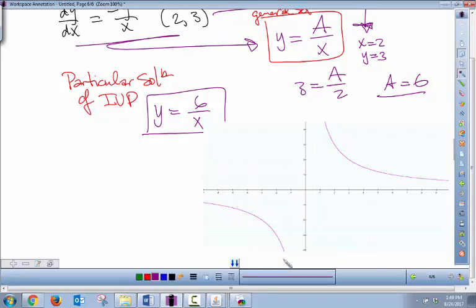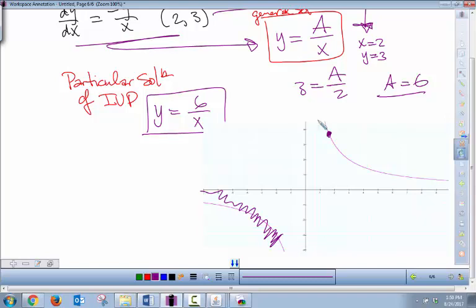So the uniqueness and continuity guarantee a solution where the point exists. So although this looks like it's a graph in the first and third quadrant, I have to disregard the third quadrant solution because this cuts off over here at 0. It becomes discontinuous here.